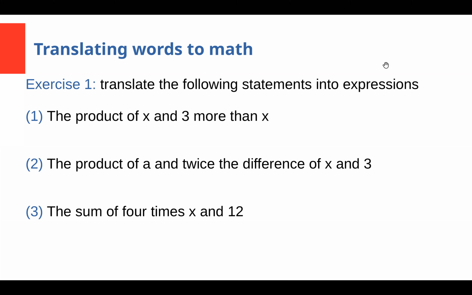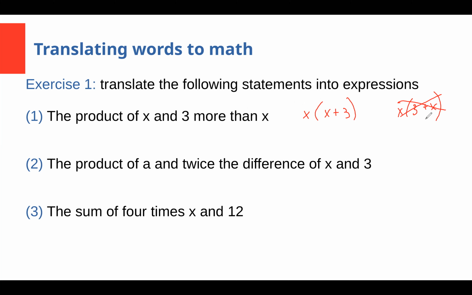Okay, so for number 1, the answer would be x times (x plus 3). Now, by the way, if you have the answer of this one, although it is still okay to have it, it's better to have this one, because when you say 3 more than x, it means x plus 3. That's the order of it, right?